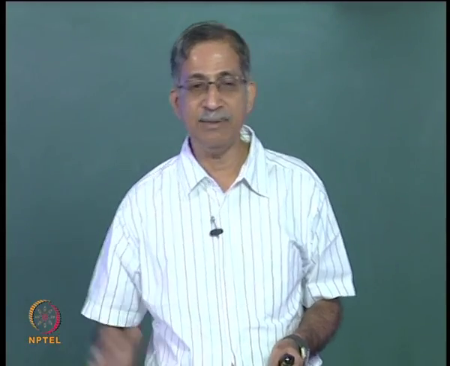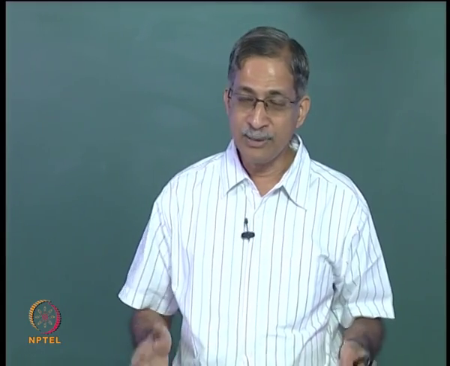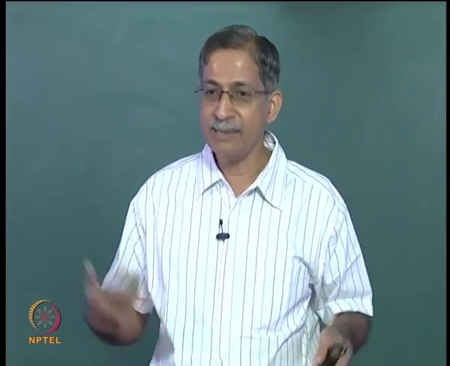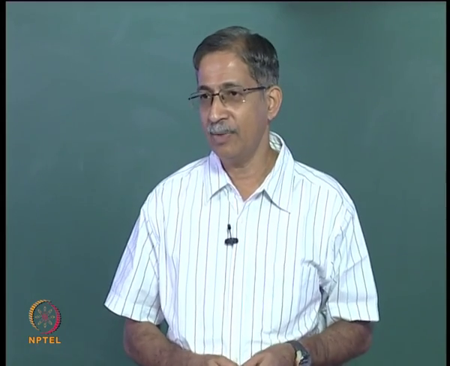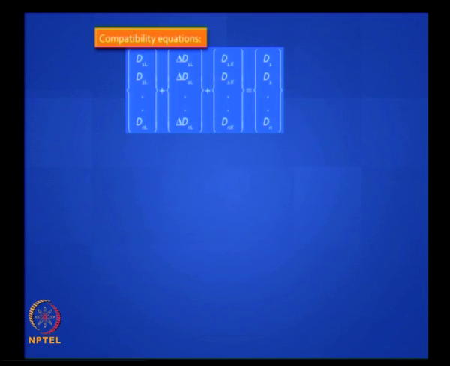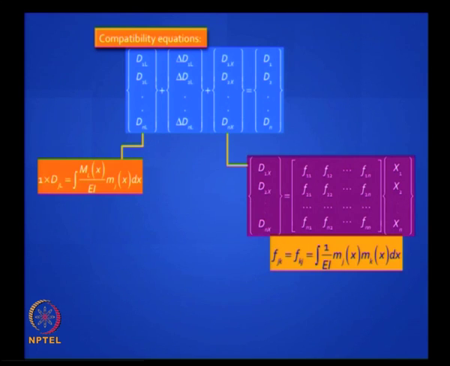We will see later in matrix methods, you do not have to do this manually, you write a program which will generate everything automatically. So I can now write my compatibility equations like this, right.